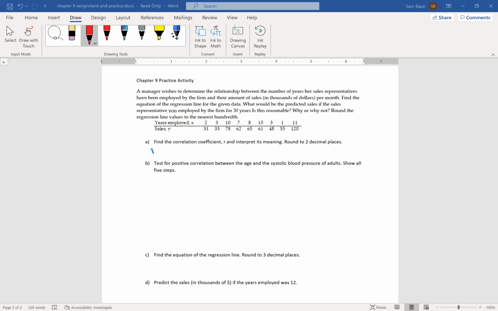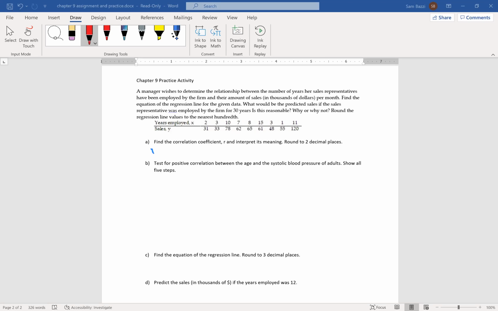I get R equals 0.63. Is that what you guys got? I got 0.62.